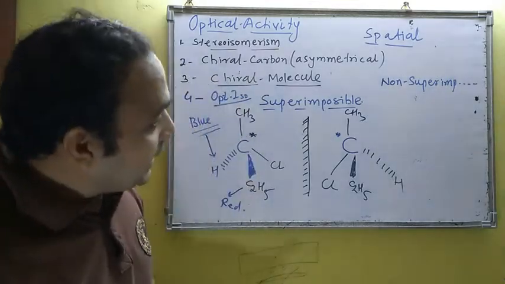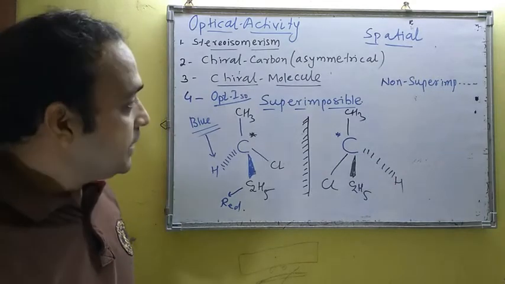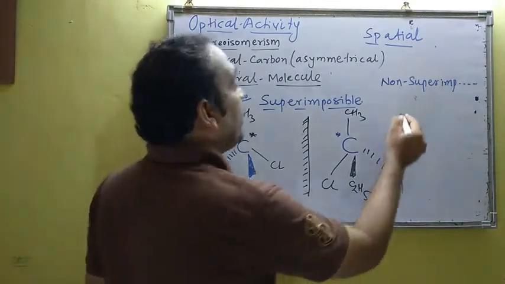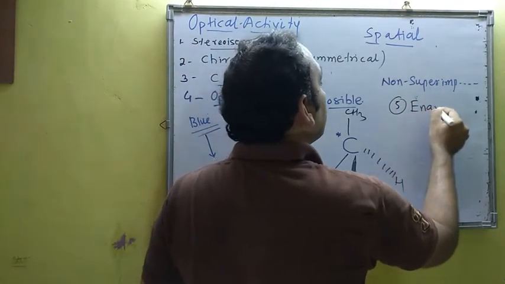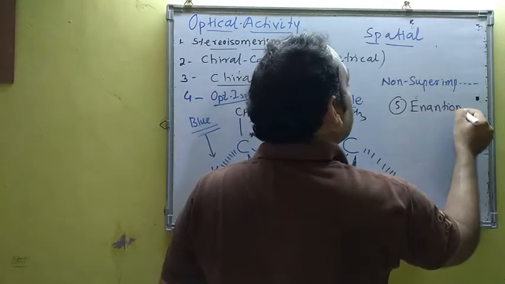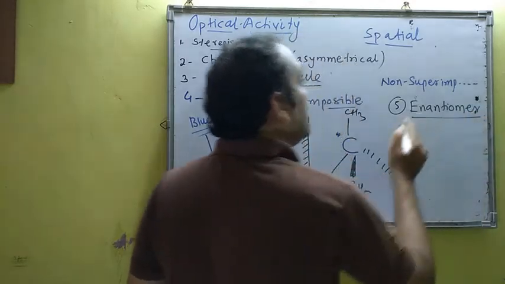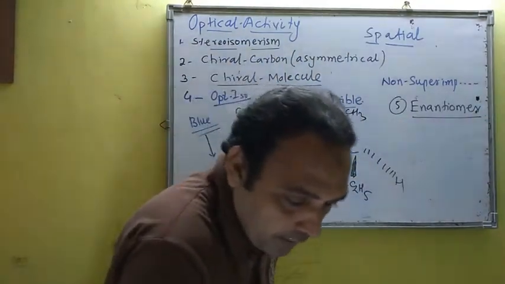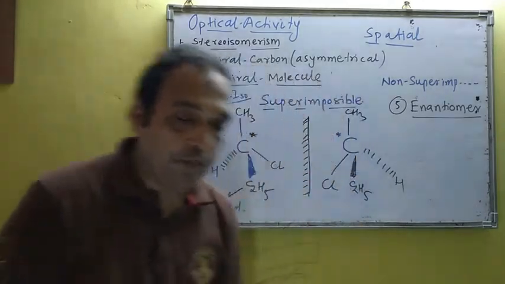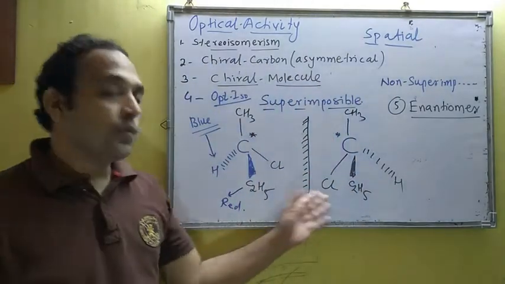Now related to optical isomerism, our next point, number 5, is enantiomers. Actually, enantiomers are optical isomers.